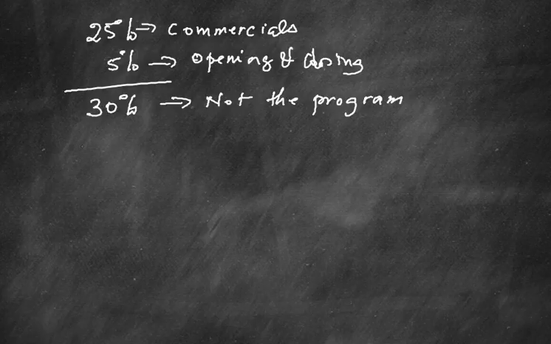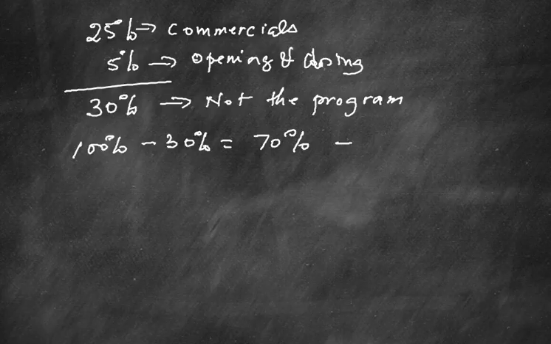So since the full thing is 100%, if we reduce 30%, it will remain 70%. So 70% is the actual program.